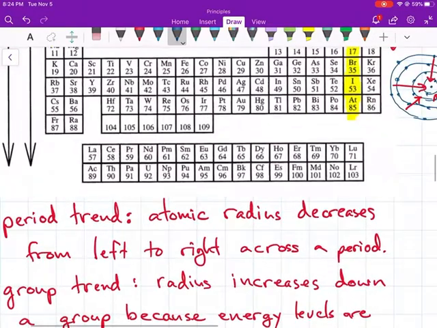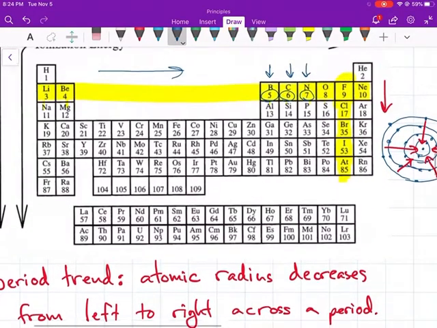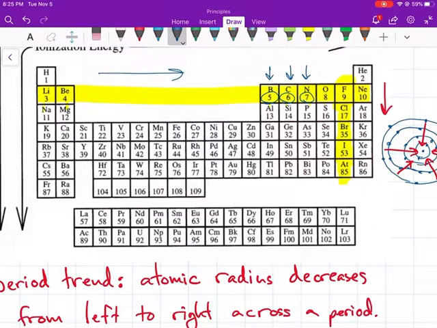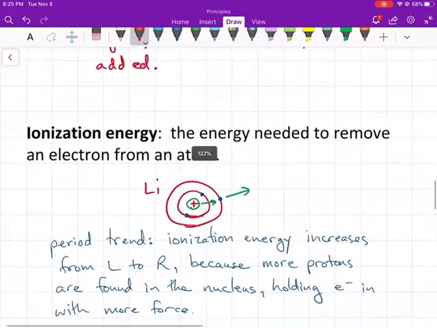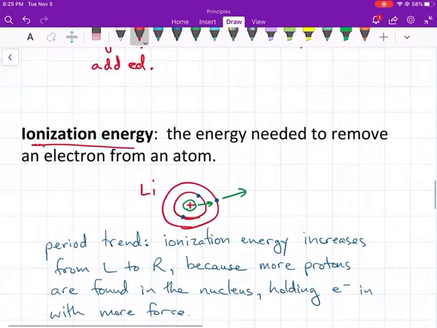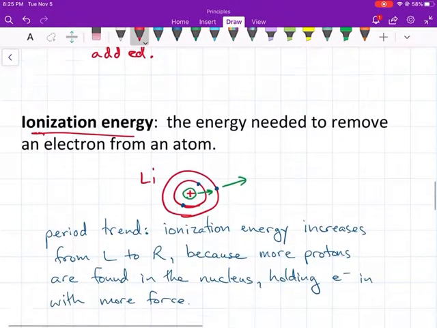So if I compare, let's say, nitrogen right here with carbon, the nitrogen has 1 extra proton in the nucleus, and that 1 extra proton is going to pull those electrons and hold on to those electrons, keep them from being pulled away. That means it's going to take a lot of ionization energy to pull an electron away from a nitrogen atom.